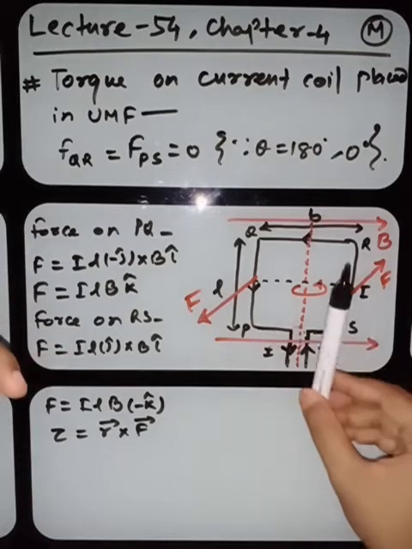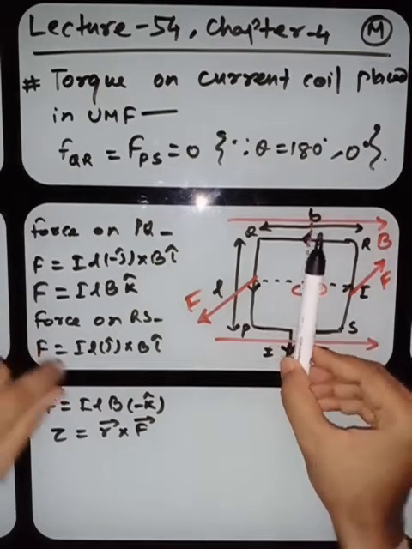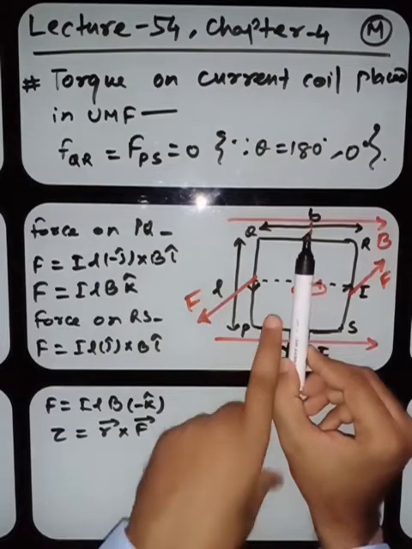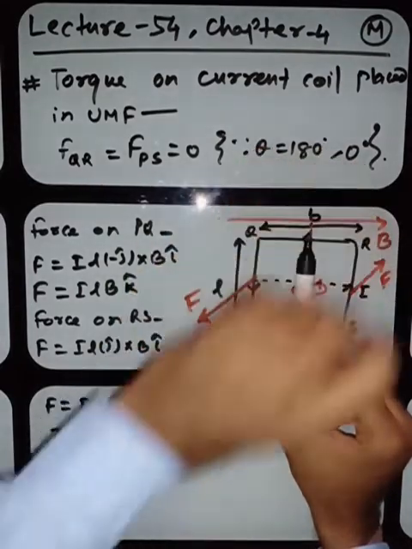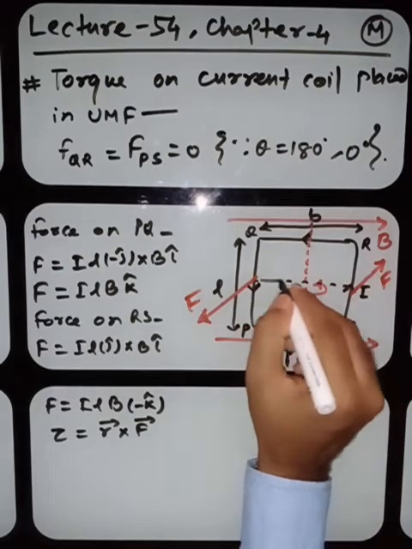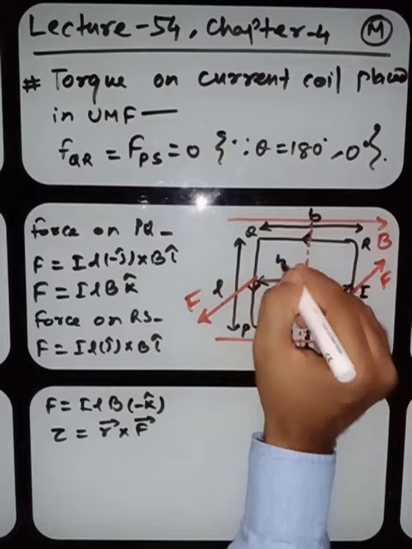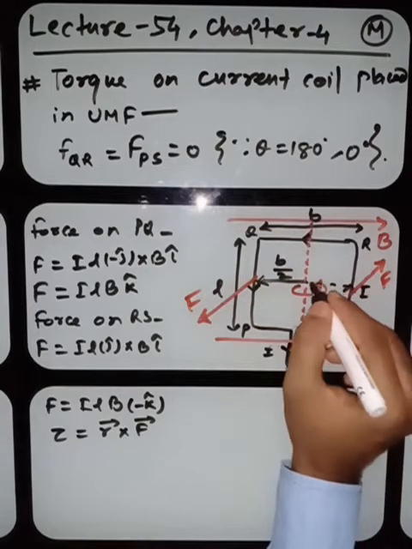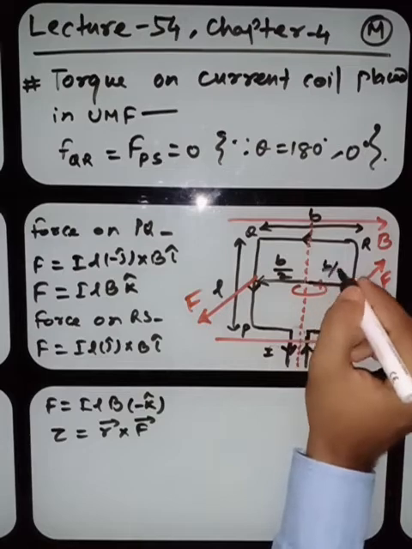Okay, this is the axis of rotation, so this coil will rotate, and the arm length for the rotation will be this way. If this is the b, then what will be the arm length? It will be b by 2. All right, and for this force also, the arm length will be b by 2.